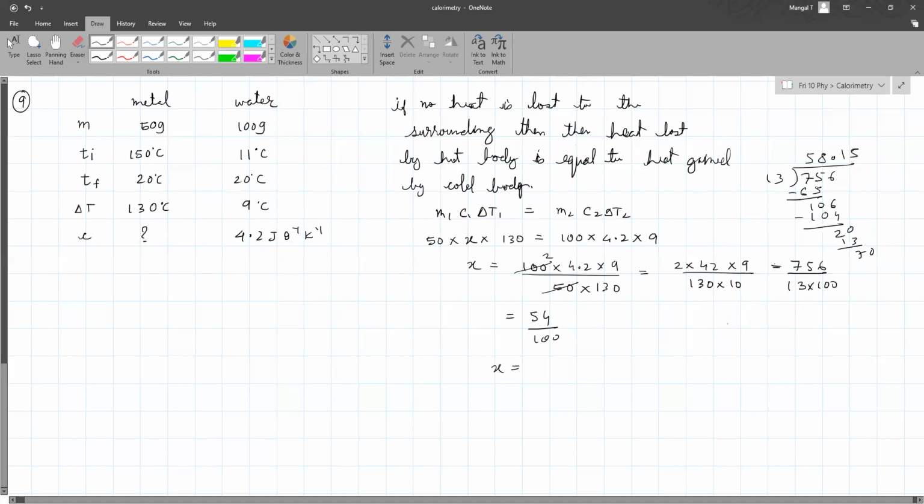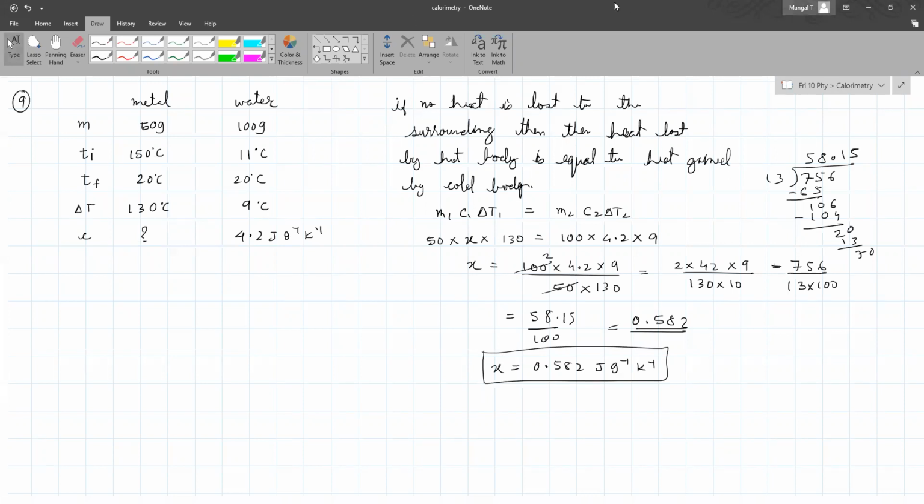Okay, so we can write this as 58.15. So that will be 0.582. So the value is 0.582 joule per gram per Kelvin. Okay, remember you have to write correct up to 2 decimal place. Right.